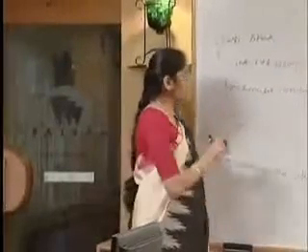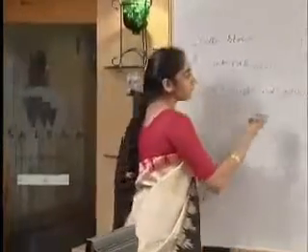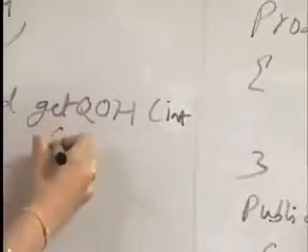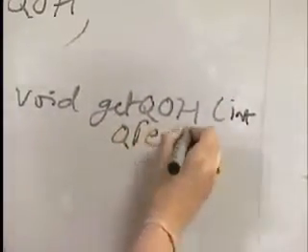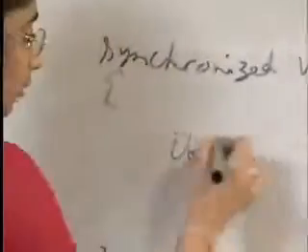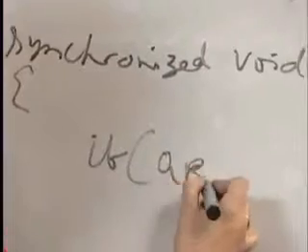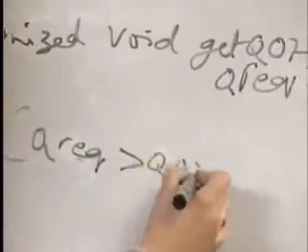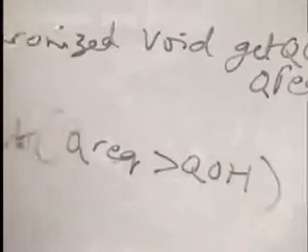Now once I'm in here, I need to check before, let's say here we specify how much we want to consume. Once we check the quantity required is greater than quantity on hand, we cannot consume it.